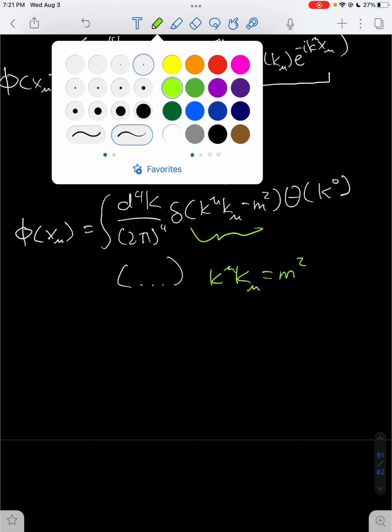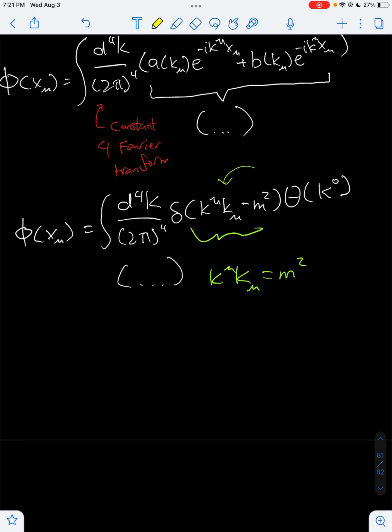And the Heaviside function encodes the property that particles have positive energies. So we want to only look at particles that have positive energies, and we do so for many reasons. First of all, we haven't really observed a particle, without any forces acting on it, with a negative energy. We only observe positive energies. And if we do allow negative energies, there's a whole problem where you have a particle falling down in energy levels.